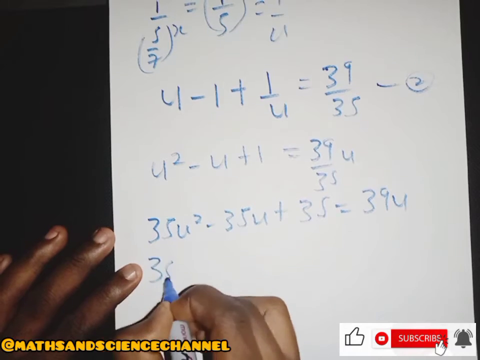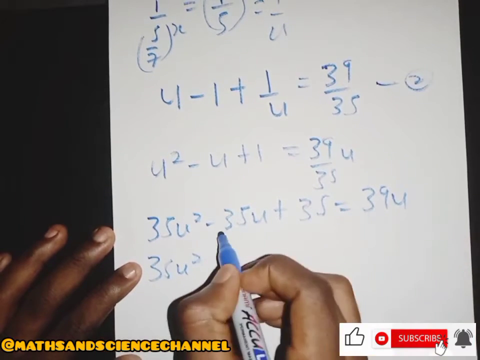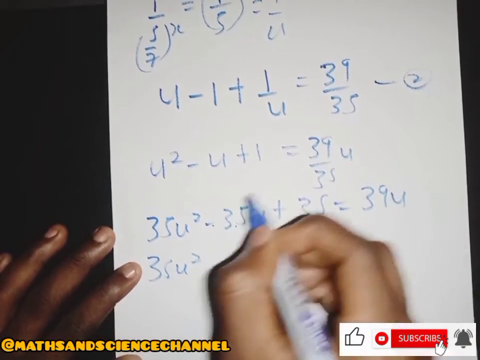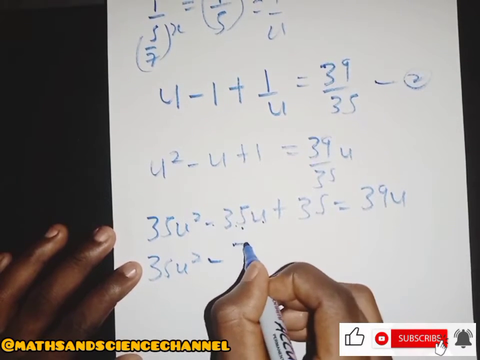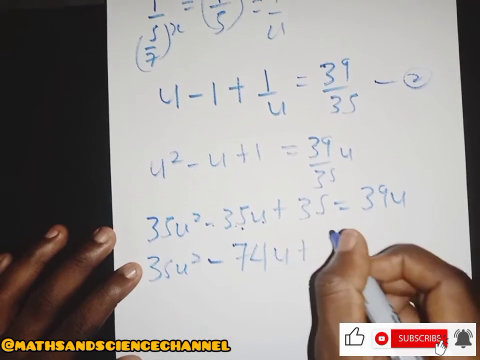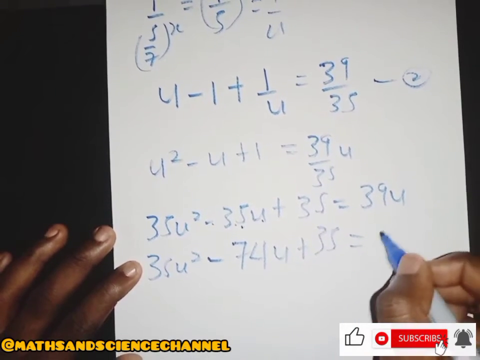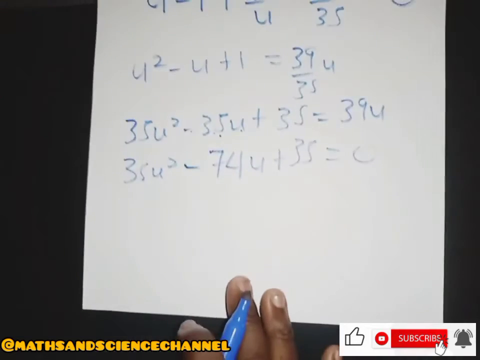So we have 35u squared, and now we have negative 35u, and this crosses over and becomes negative, so we have negative 74u plus 35 equal to 0. Now we have a quadratic equation.